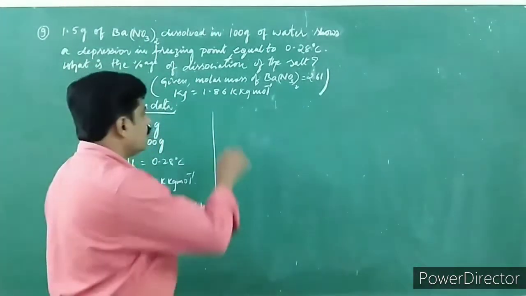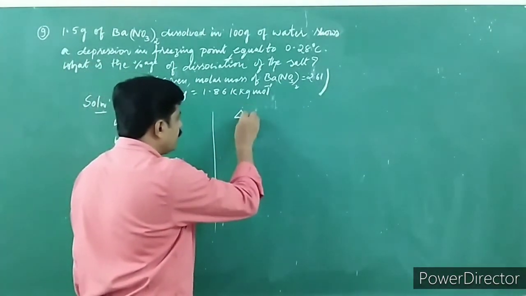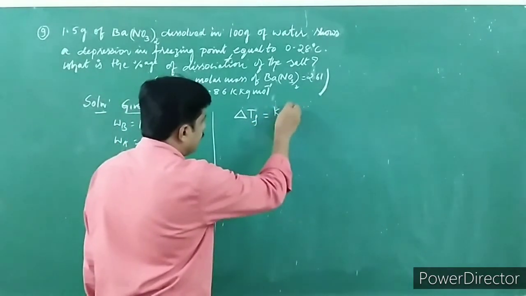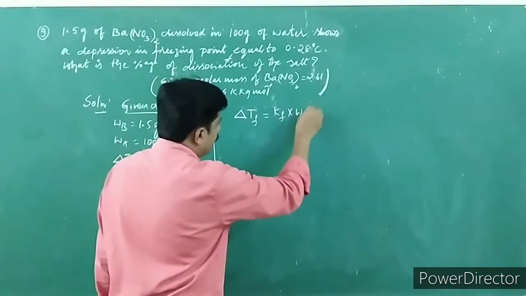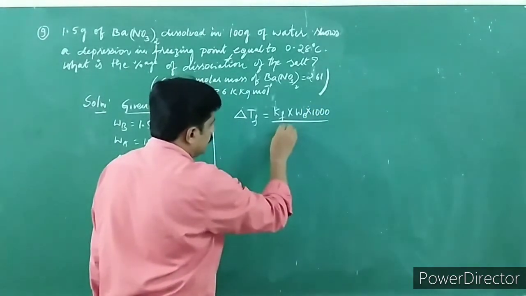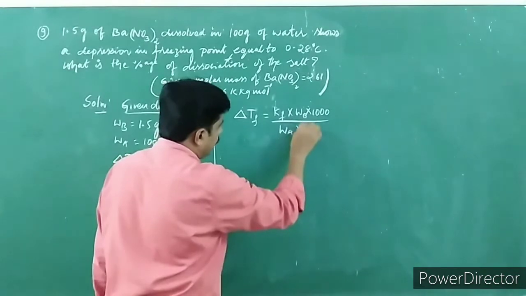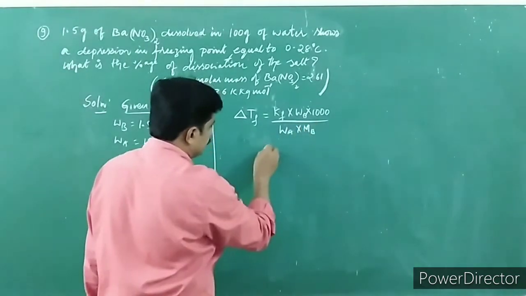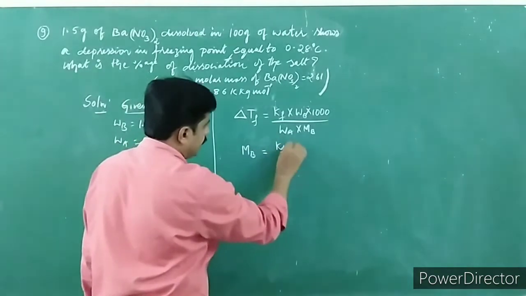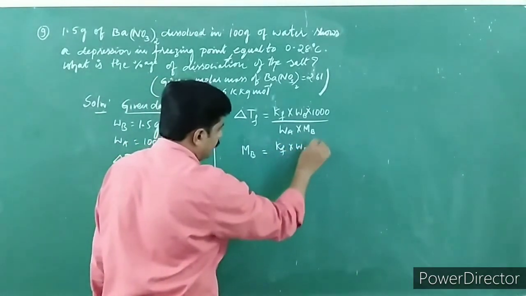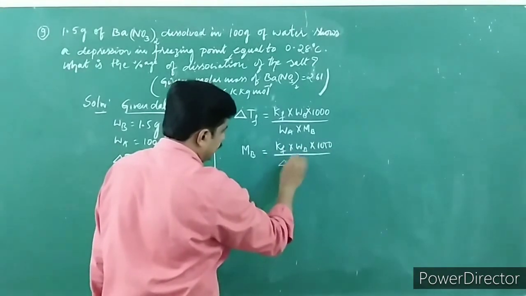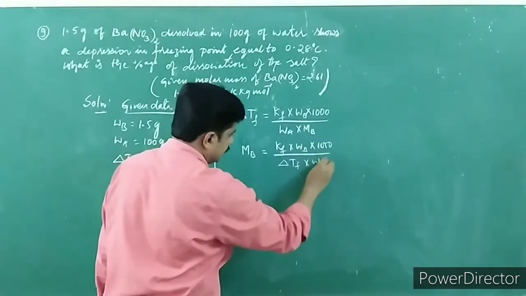Children, let me go for finding the observed molar mass. Delta TF is equal to Kf into WB into 1000 upon WA into MB. MB you are supposed to find out: Kf into WB into 1000 upon delta TF into WA.